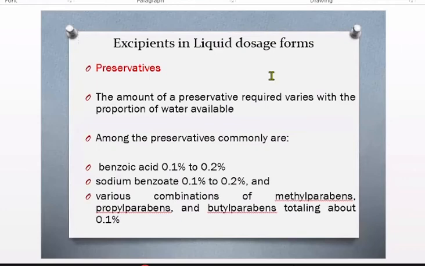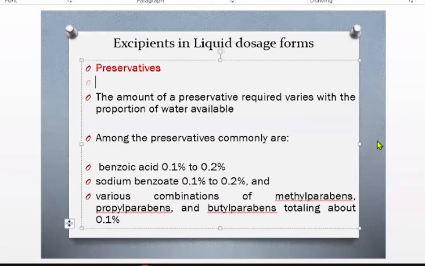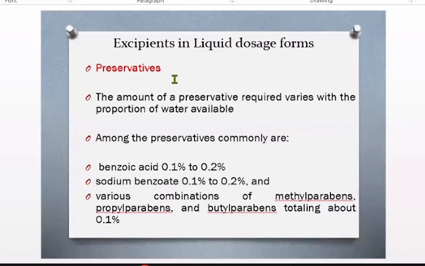Then I've also included excipients for liquid dosage forms. The key thing we note here is that you need to add preservatives. We know that water is a medium for microbial growth, so preservation of the liquid dosage form becomes important.